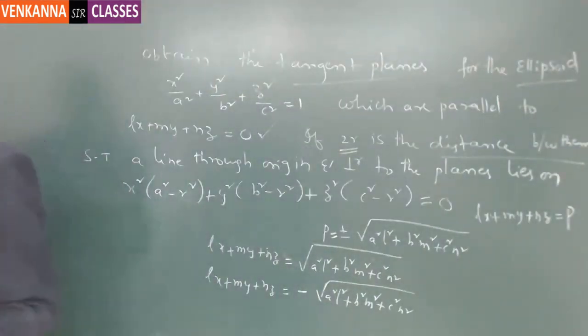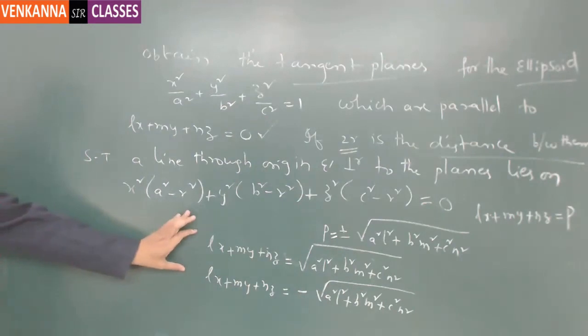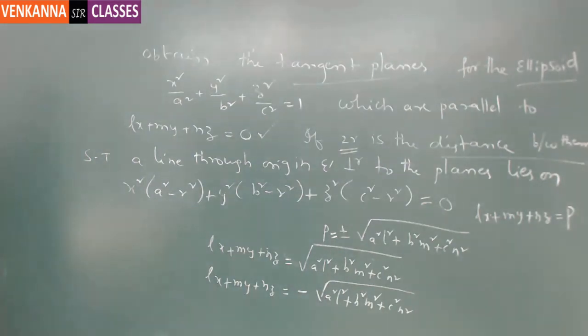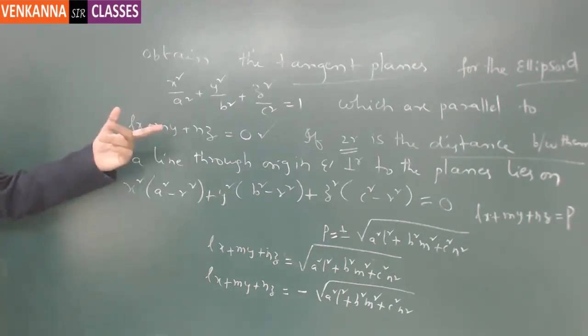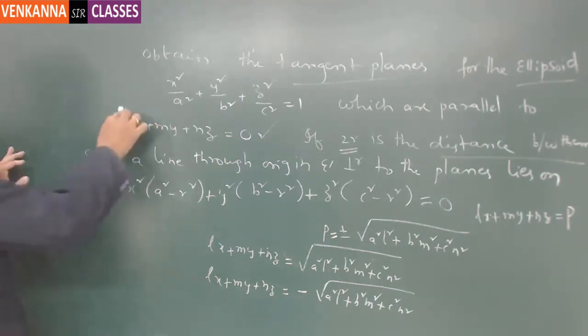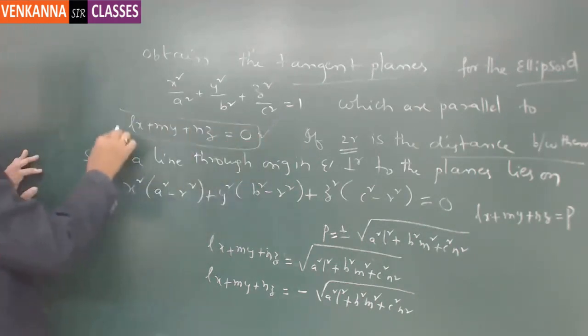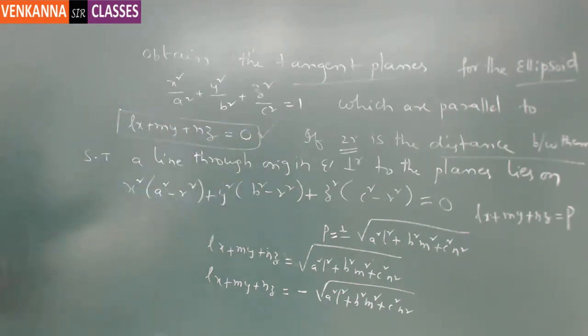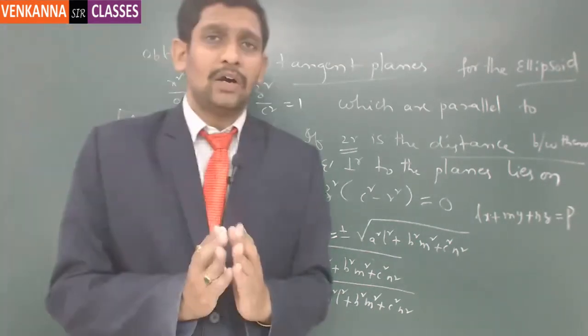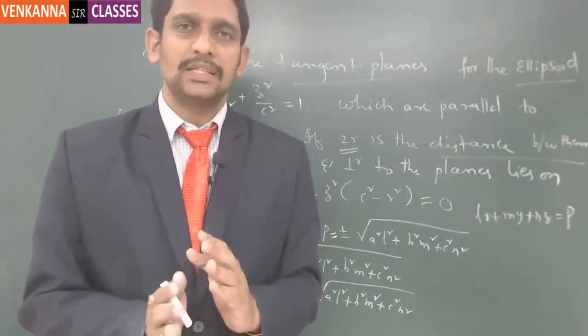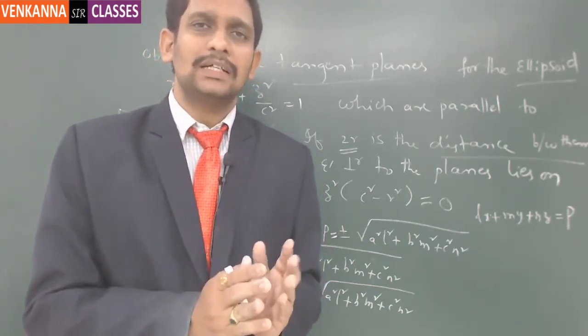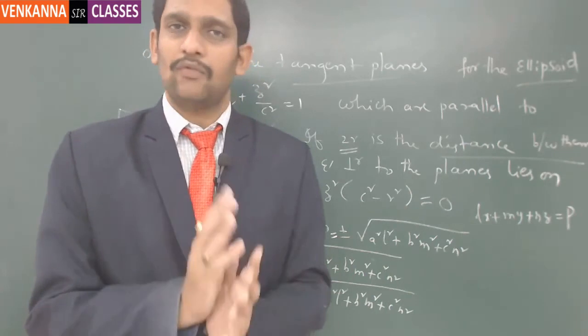So if you observe that these two are nothing but parallel planes, generally while considering the tangent planes we will form the regular format because we will use the direction cosines as well as the distance. Because while talking in terms of distance, we always consider the tangent plane in the normal form.